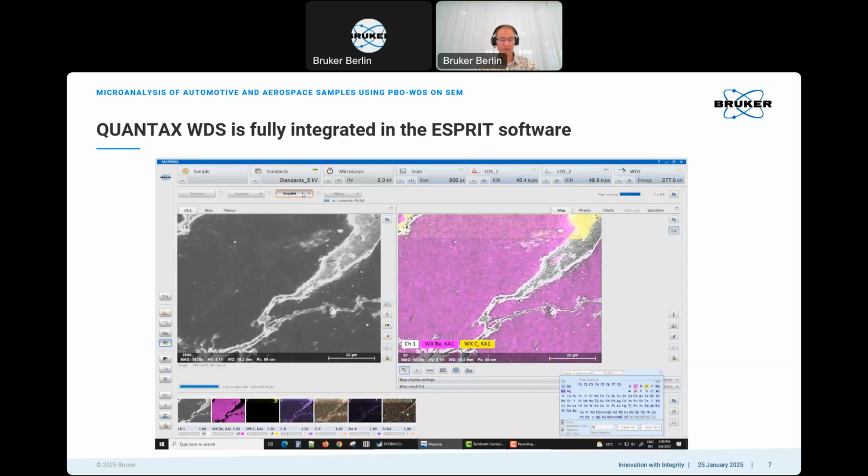So now there's a second capturing process: the energy of 277 electron volts for carbon is adjusted, and this energy is measured. At the same time, the EDS is continuously measuring and showing more elements at the same time.